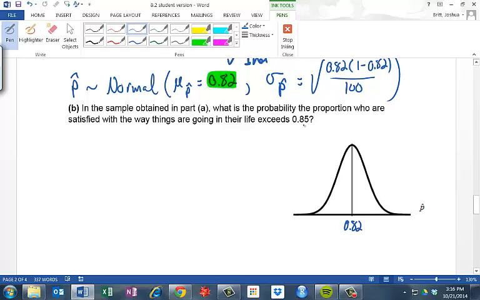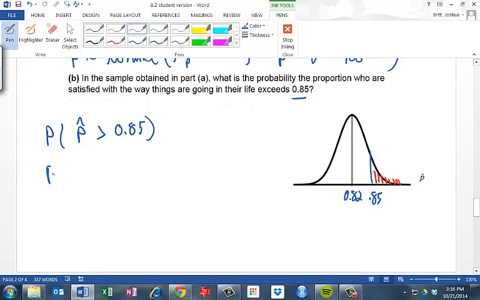We'll locate our boundary point, 0.85, and exceeds will be this area. So what's the probability that the sample proportion p hat exceeds 85%? Now, we have to convert p hat into z.